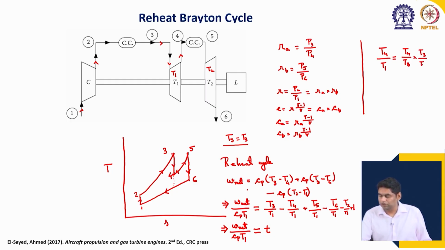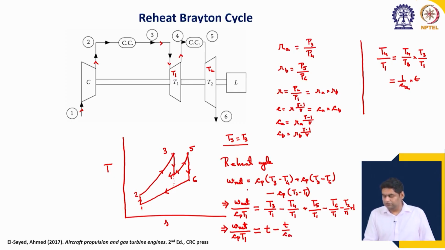Now, T 4 by T 3 we know is equal to 1 by C, but in this case it will not be 1 by C, it will be 1 by C A, and T 3 by T 1 of course is equal to T. So, this is T by C A. So, minus T by C A.